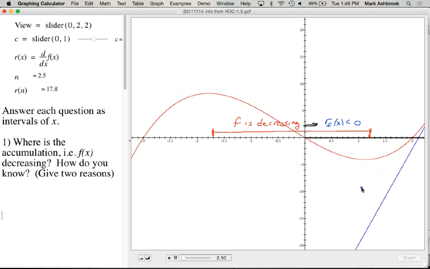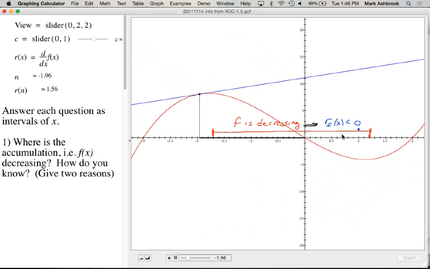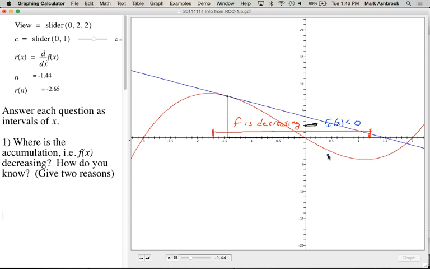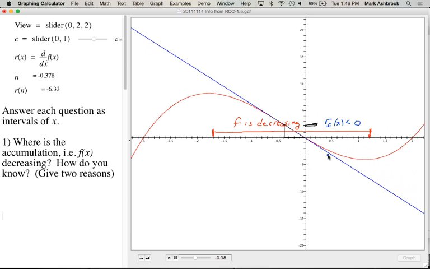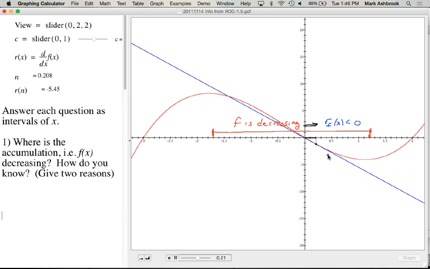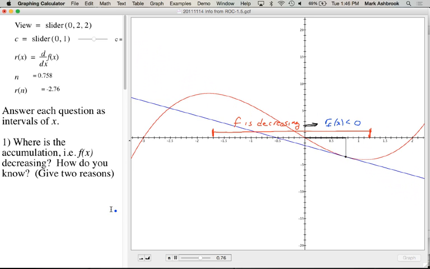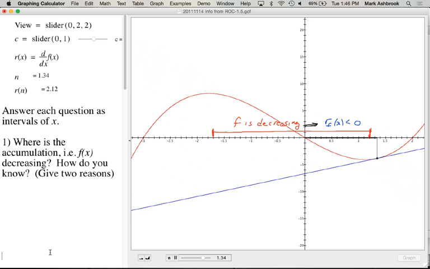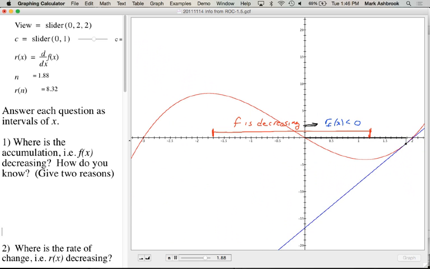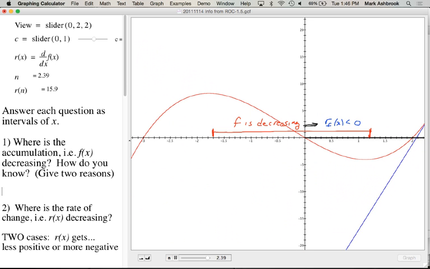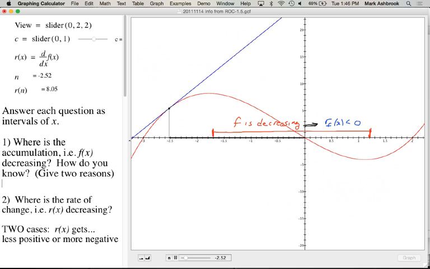So when the rate of change is negative, your function is decreasing, and this is what we talked about last time and you worked on in your homework. That's where the function values of y are decreasing. So we're heading down.